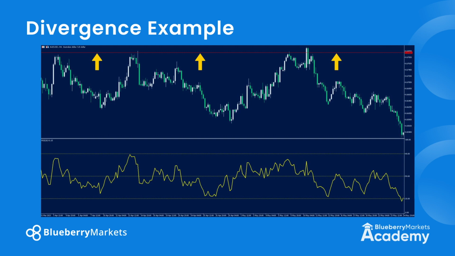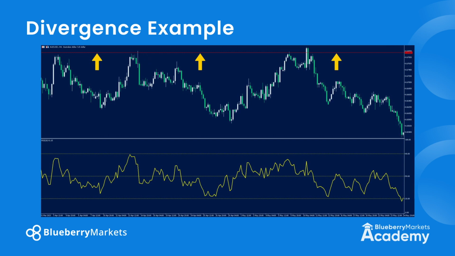Divergence in particular is a really powerful trading strategy, and you want to be focusing on these at key levels of support or resistance. You don't just want to look at them anywhere in the markets. You've got to make sure that it is at a key area of resistance, and you can see this area at the 0.68 handle was a level of resistance. We've come into this area on a couple of occasions and price has kind of faded away from it.